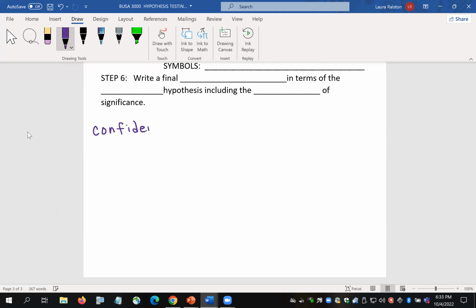For each confidence interval, we had a confidence level. That confidence level was the probability that we were correct, or the probability that our mean falls within the stated interval. So in a sense, we were correct because it fell in that interval.